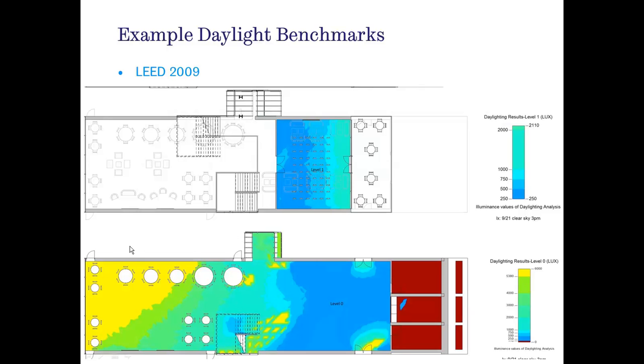So at a glance, if you look at that floor plan, these rooms are not getting enough light. These yellow patches are getting too much. So as a designer, it's a really powerful, quick way of assessing your daylight design. Now I won't show it here, but what Revit also does, it then gives you a room by room breakdown of which rooms are complying and which rooms are not.